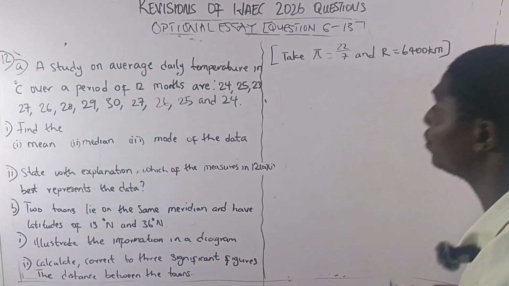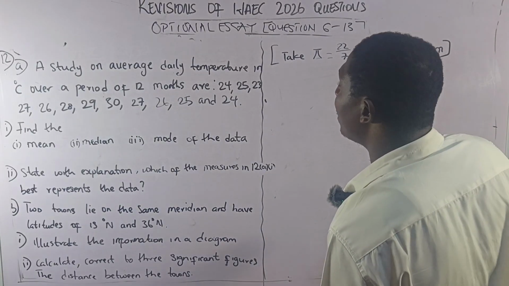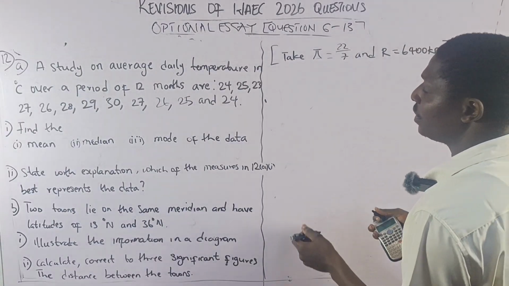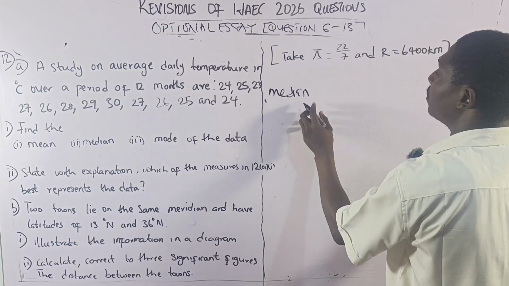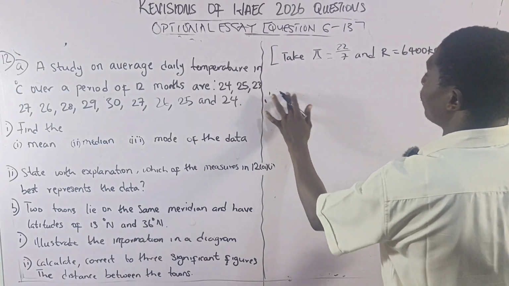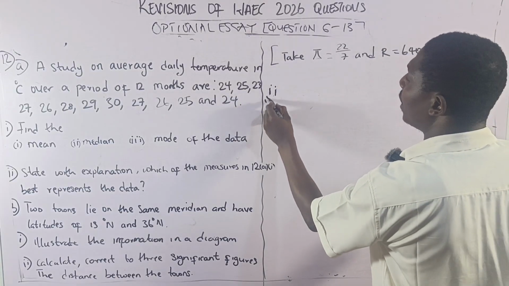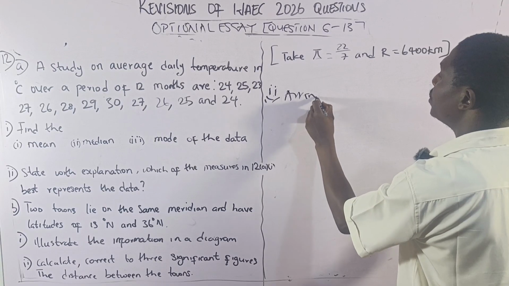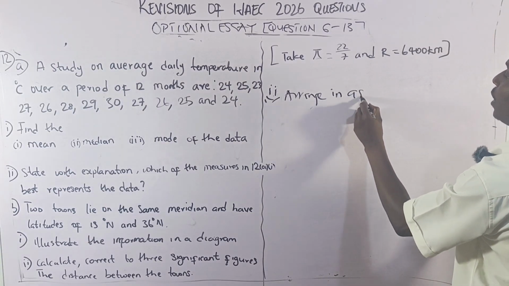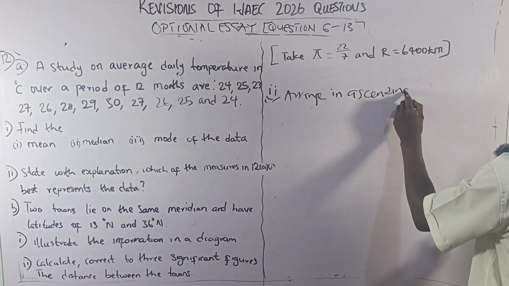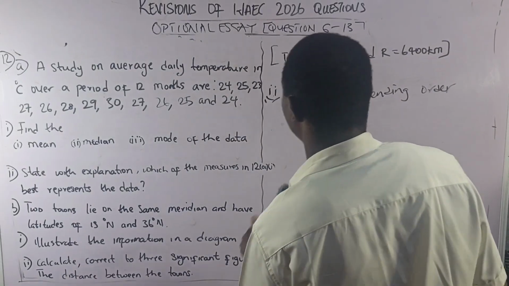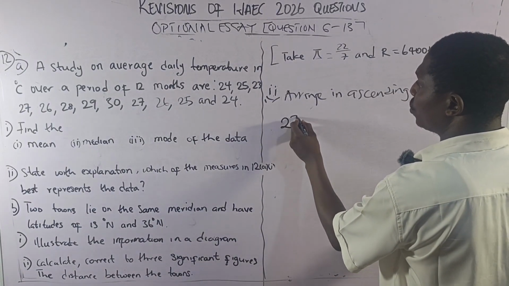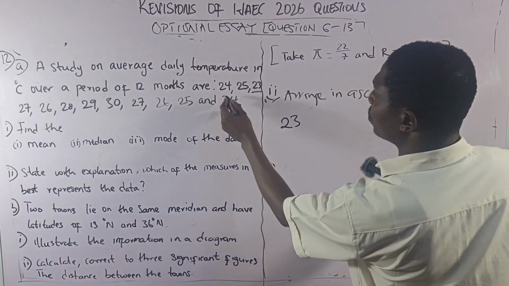Now for our median temperature, we must arrange in either ascending or descending order. So for our median, arranging in ascending order first. The list starts with 23.